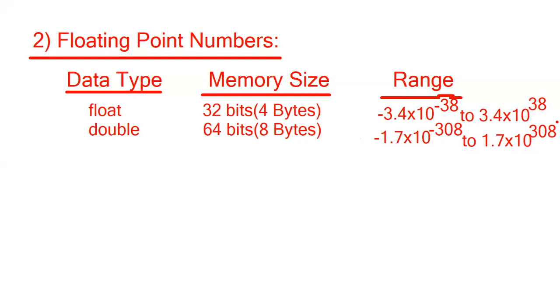Minus 3.4 into 10 to the power of minus 38 plus 3.4 into 10 to the power of plus 38. Minus 1.7 into 10 to the power of minus 308 plus 1.7 into 10 to the power of plus 308.